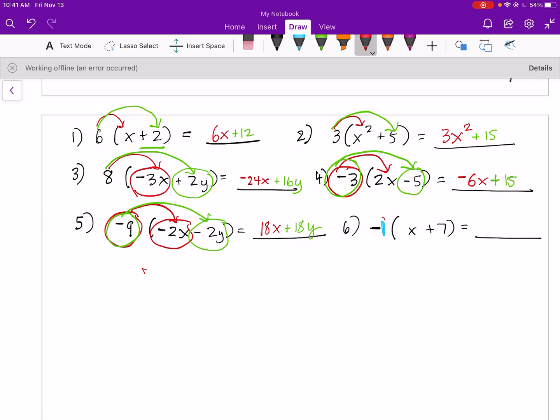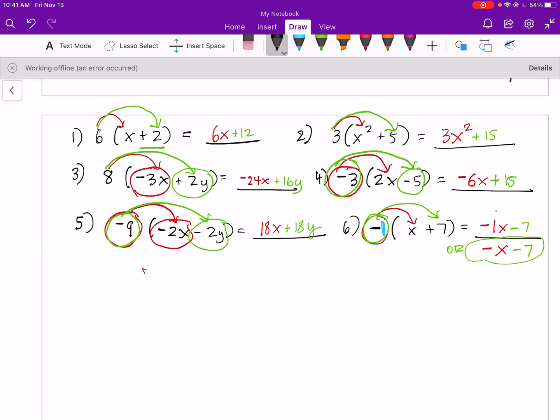So you're going to do negative 1 times x, which would be negative 1x, or you could just write negative x, because again, it's that ghostly Gladys. And then negative 1 times 7, which is a negative 7. So you could certainly write it like this first one. Probably you would see that second one more often, but either would be acceptable.